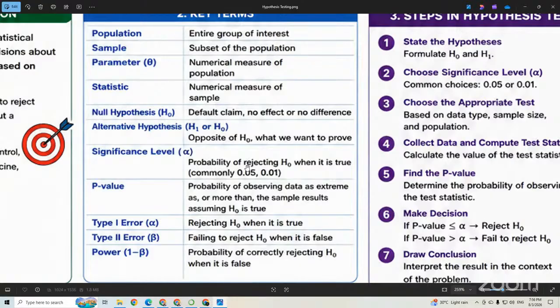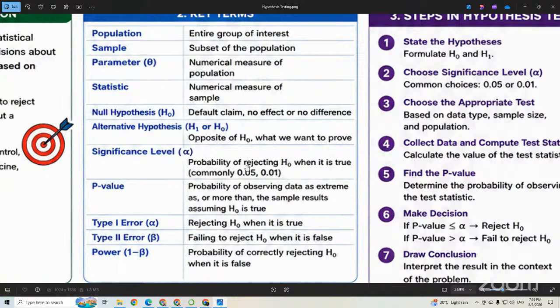The null hypothesis we denote by the symbol H0: the default claim, no effect or no difference. In the case of the alternative hypothesis, we denote it by H1. This will be the opposite of H0, what we want to prove.